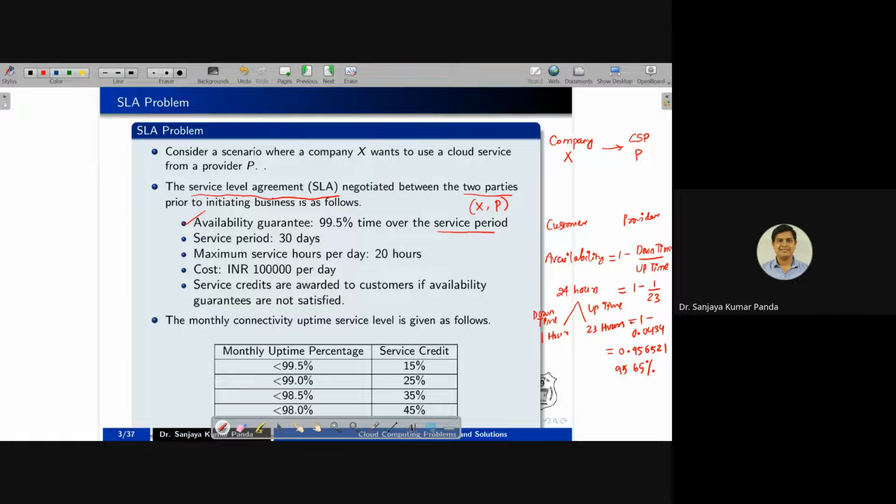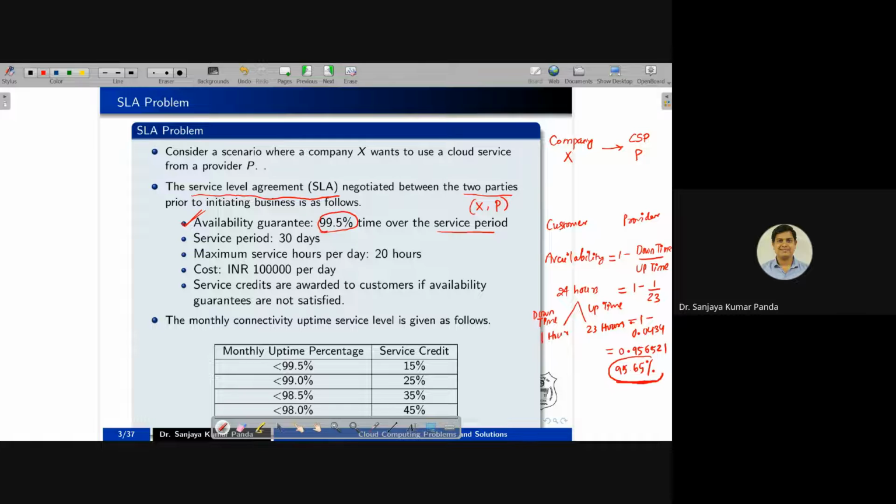But if you look at this situation, where we are saying the availability guarantee is 99.5%, and if this is the terms and condition between the customer and the provider, then you can say the provider has violated it, because it is written in the SLA document that you are going to provide 99.5% availability. But what is the actual availability here?